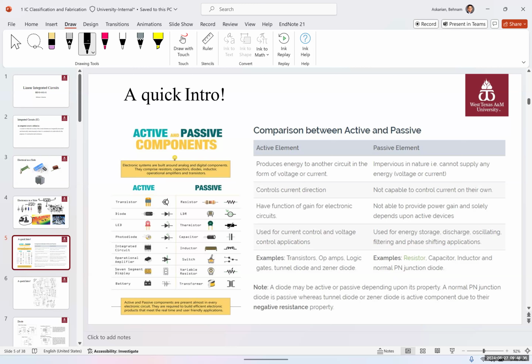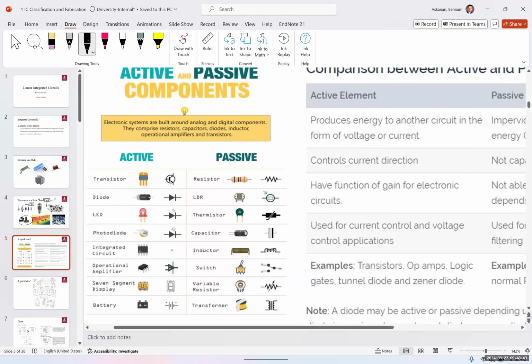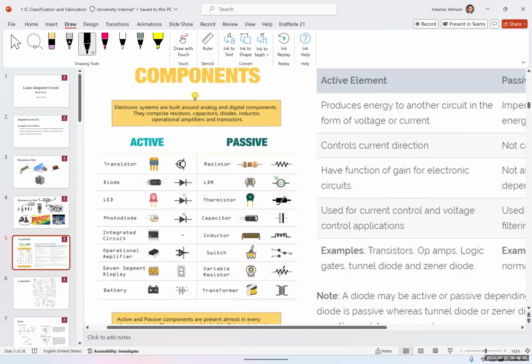We have active elements and we have passive elements. Examples of active elements are a transistor, a diode, an LED, a photodiode, an integrated circuit, an operational amplifier, a 7-segment display, which is technically 7 different LEDs, and a battery.